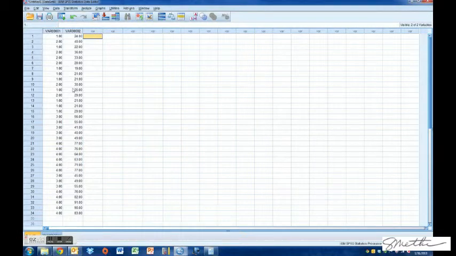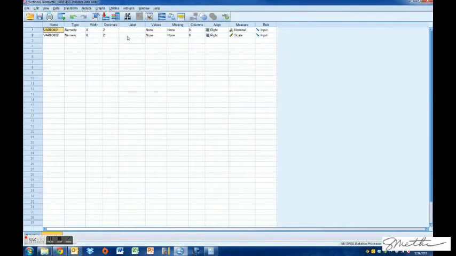So in this situation, what we'll say is that we have something like a satisfaction score, percent satisfaction score, and over here we have ethnicity, 4 different groups of ethnicities. One of the things that we can do in variable view is create some values on variable 1, which let's change the name to ethnicity.